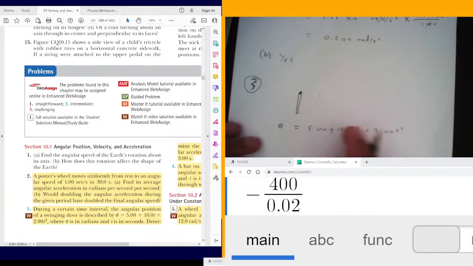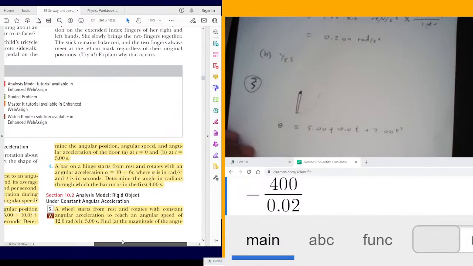This is the formula describing the angular position of this door, where theta is in radians and the time t is in seconds.